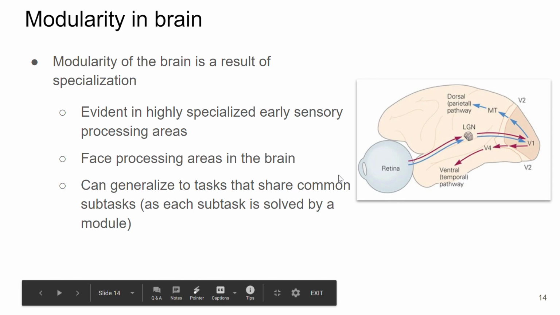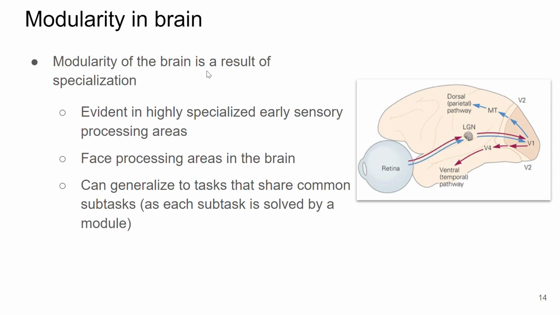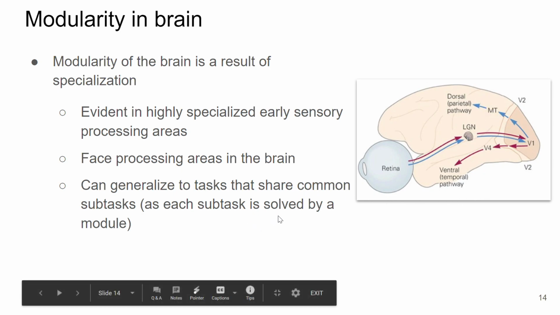And now, the authors argue that modularity of the brain is a result of specialization. They say that modularity is especially in the visual pathway of the brain, the early sensory areas, the face processing areas, and so on.